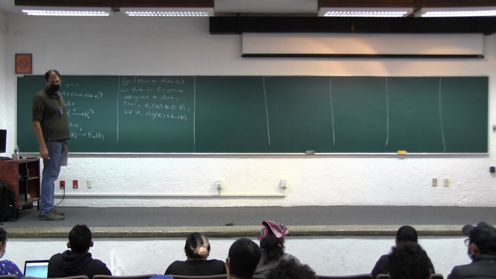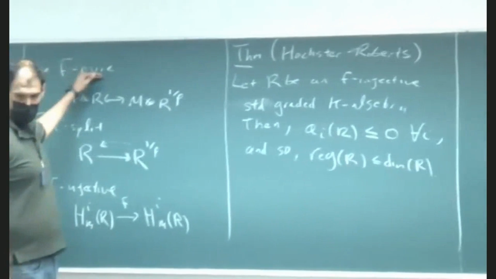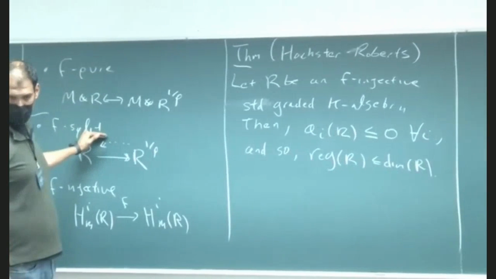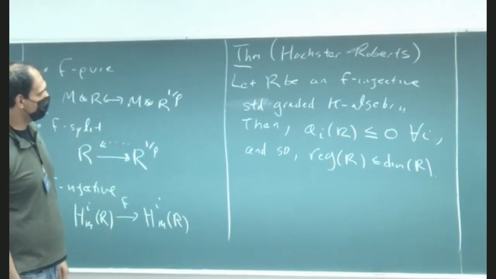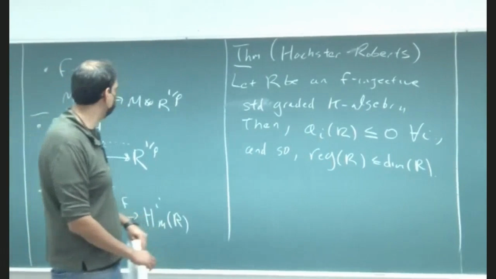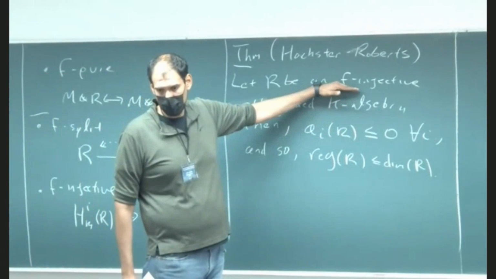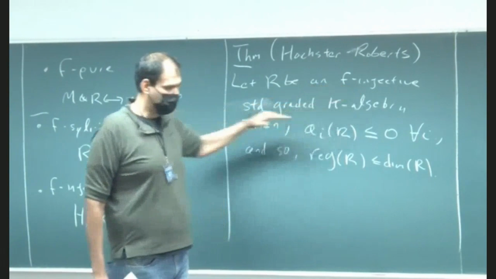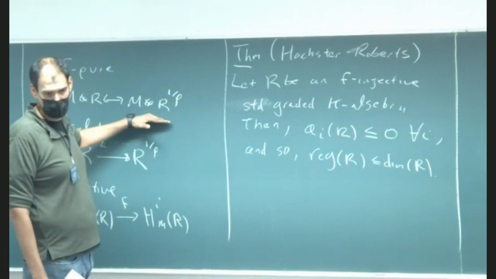I'm going to give a very easy proof because we already proved that F-pure and F-split are the same in the F-finite case. The theorem that they did, if you look at the paper, says that for F-pure, this is true. And they proved that F-pure, without the F-finite assumption, implies F-injective.